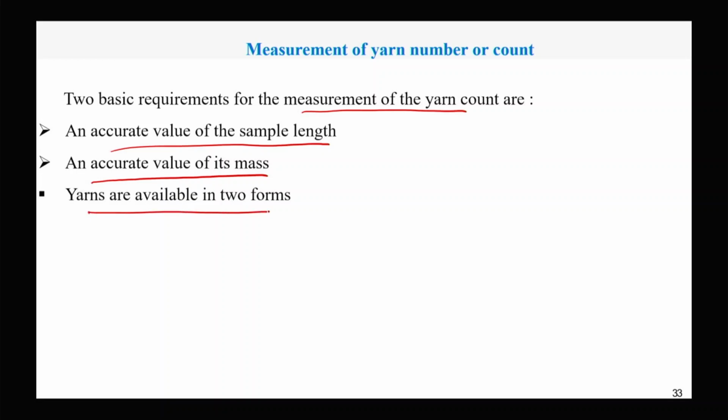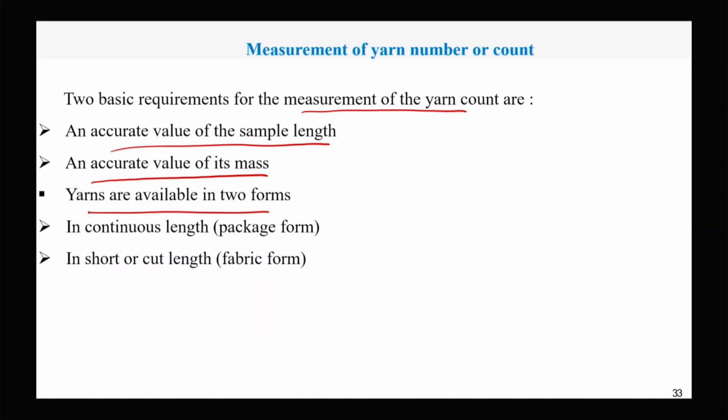Yarns are available in two forms: continuous length form or short cut length form. If it is continuous length, we can take a lea of a certain longer length, say 120 yards, take the mass, and accordingly count.